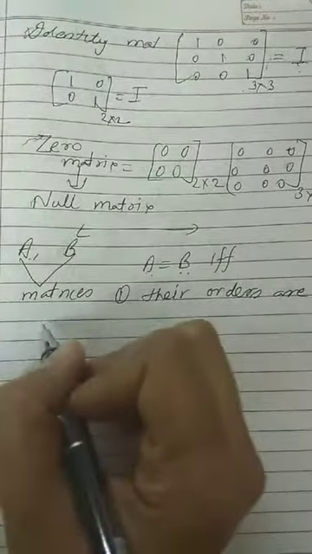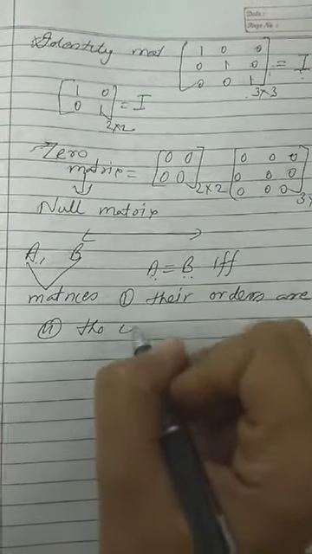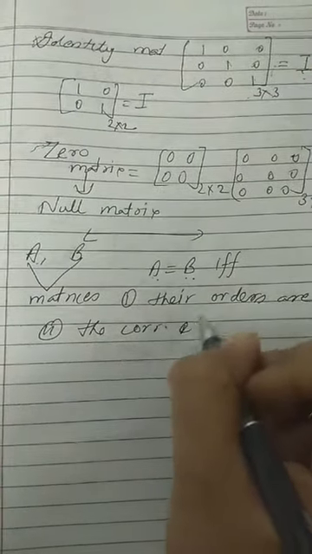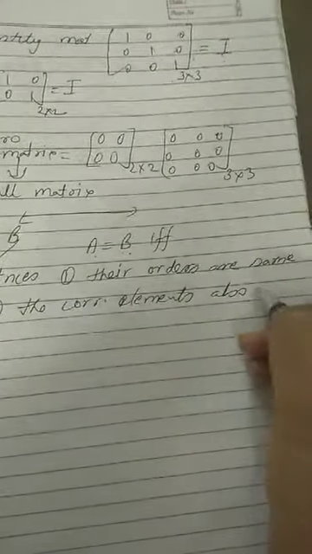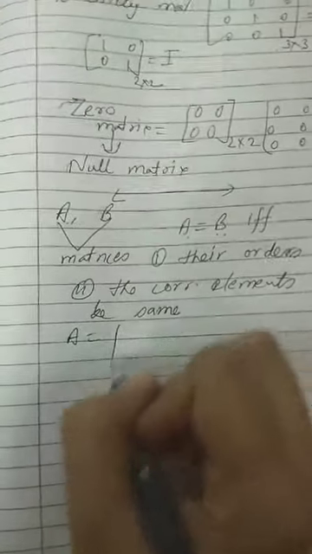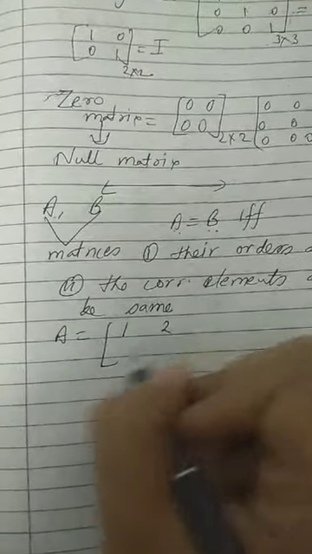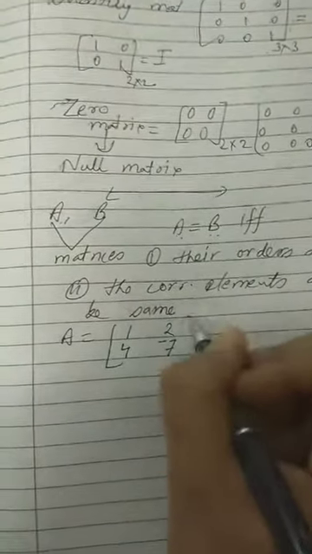And second, the corresponding elements also should be the same. What does it mean? For example, let us take A as 1 2 4 minus 8 7, let us say.